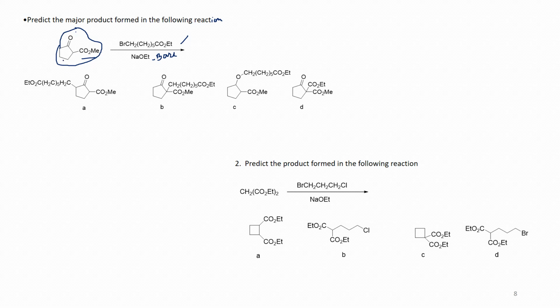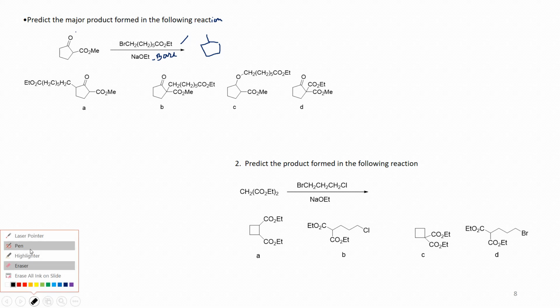So what will happen? Now there are two types of alpha hydrogen available in this system. One is this one, another is this one.